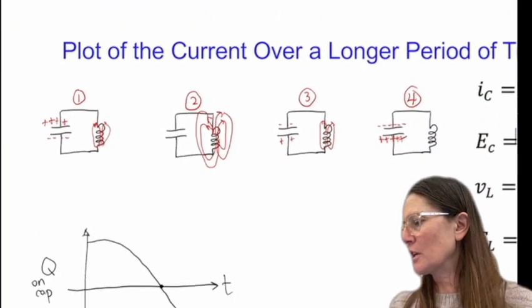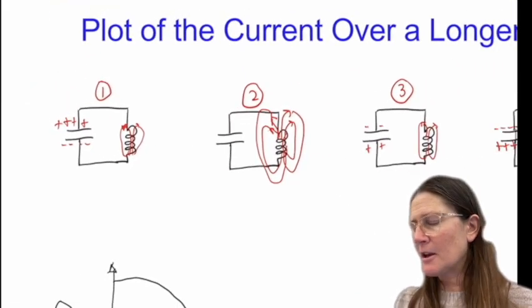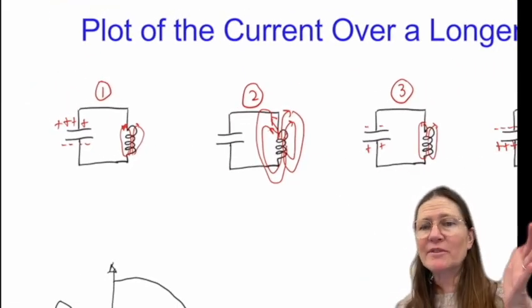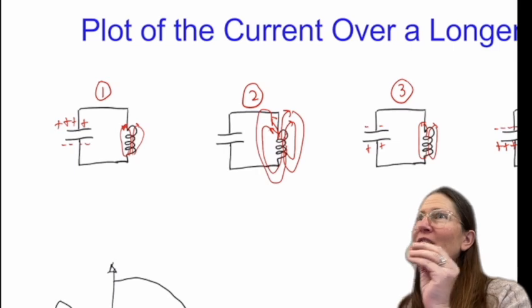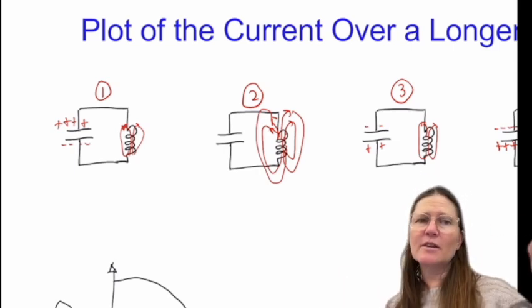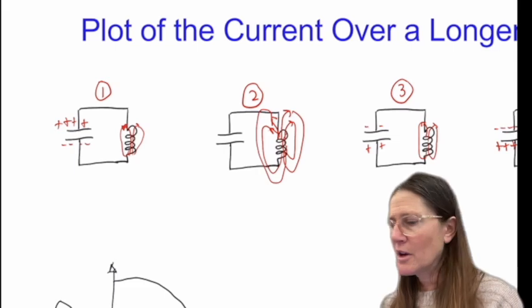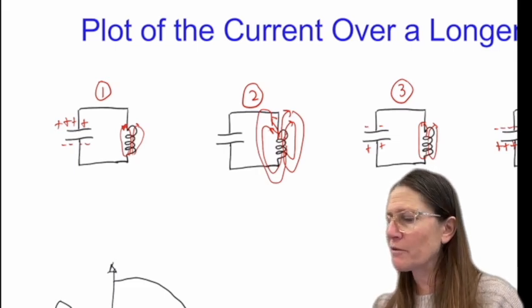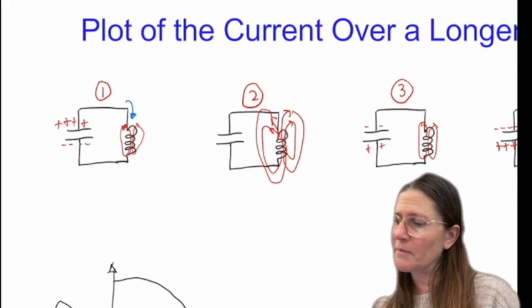So for an inductor and a capacitor, what happens if we have them charged and then we put the two of them together? You'll start to get that charge of the plus and the minus on the capacitor, and that will create a current flow because you have a plus and a minus charged differently.